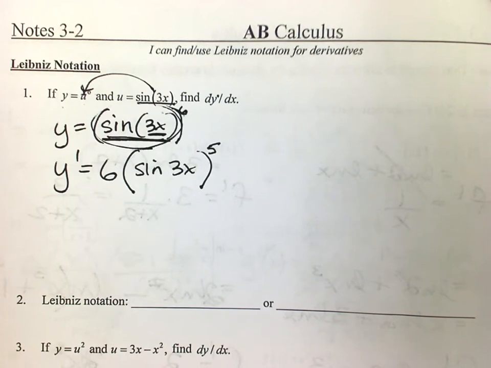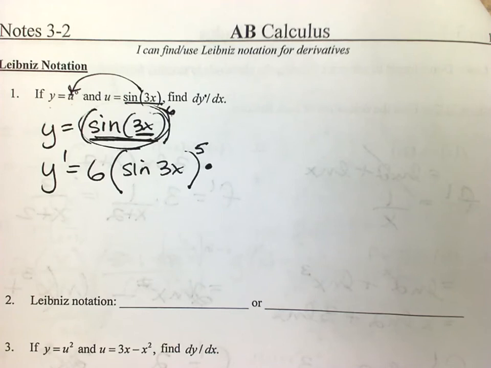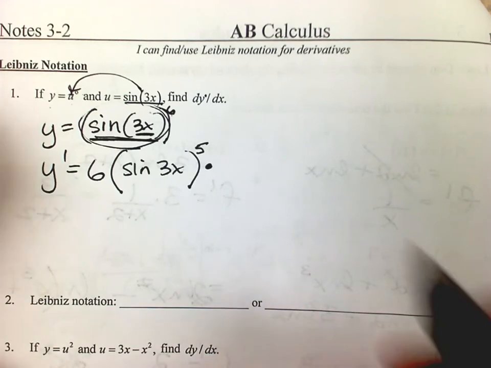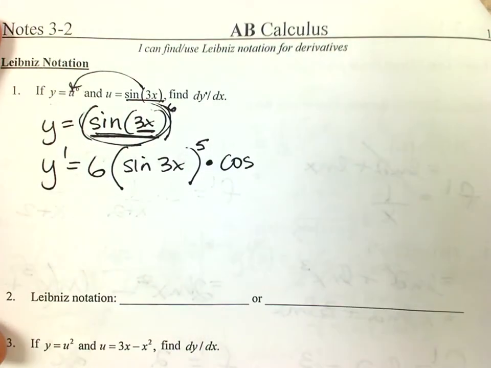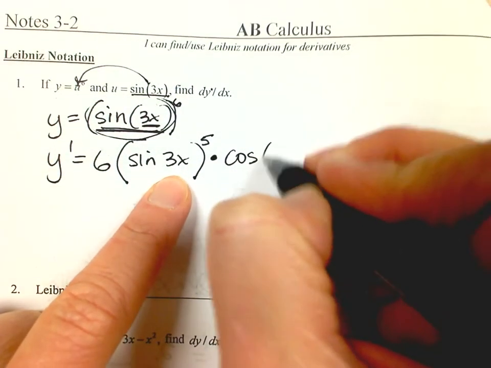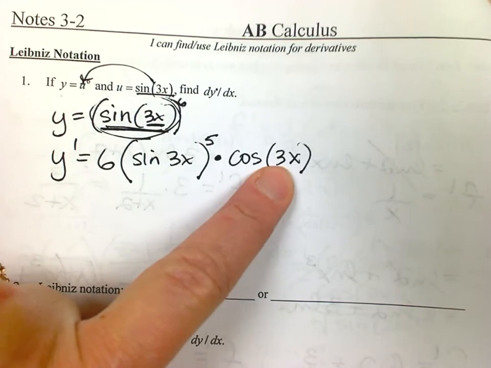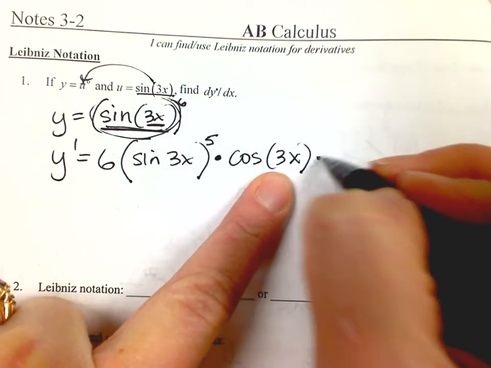Take the derivative of the inside of that and multiply it. So now we're going to take the derivative of the sine, which hopefully by now we remember as the cosine. You're going to keep that inside there, which was 3x. But then 3x has a derivative of 3.